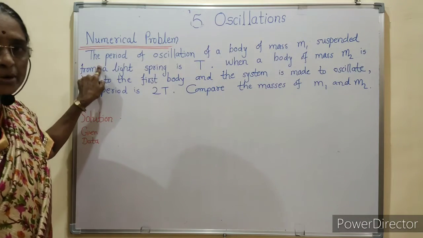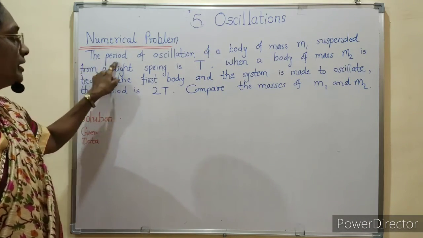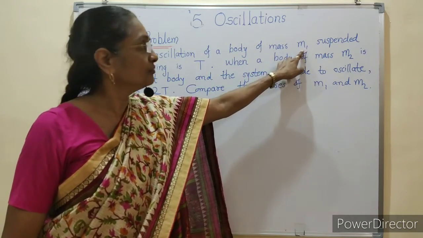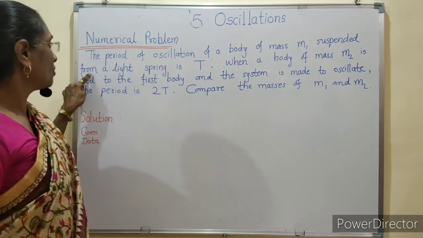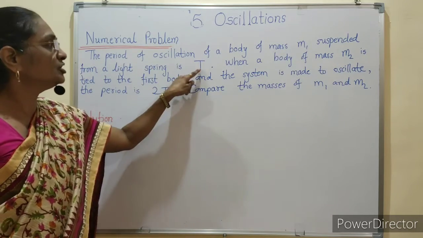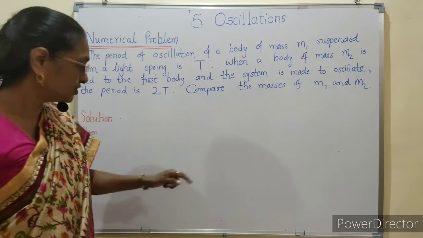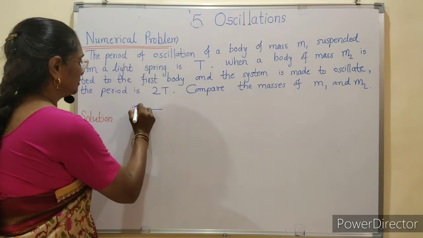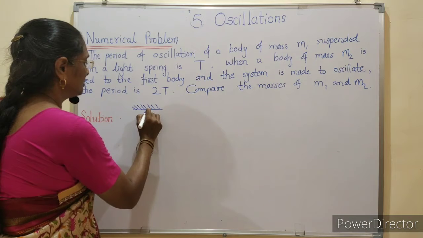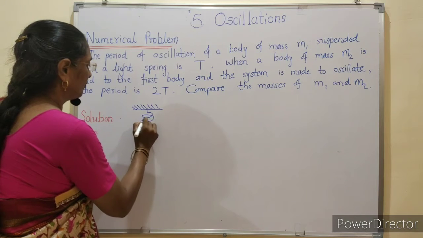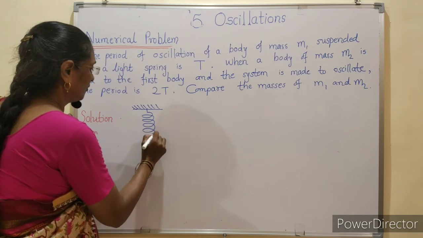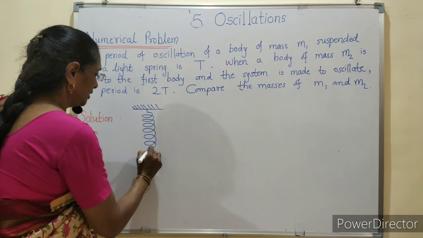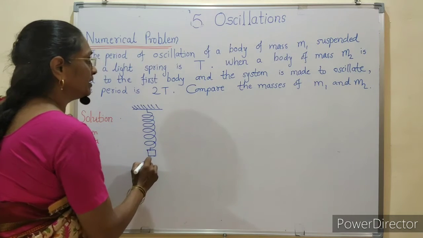Now the next problem is, the period of oscillation of a body of mass m1 suspended from a light spring is T. The situation is like this. There is a light spring, to which a mass is suspended.